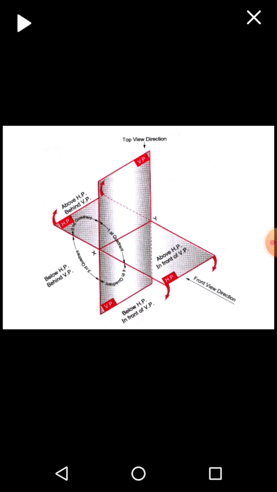Now to convert this three-dimensional view into a two-dimensional view, what we will do is keep the vertical plane constant, and rotate the horizontal plane in a clockwise direction by 90 degrees. As soon as we rotate this horizontal plane clockwise by 90 degrees, the front view will be above the XY line and the top view will come below the XY line.